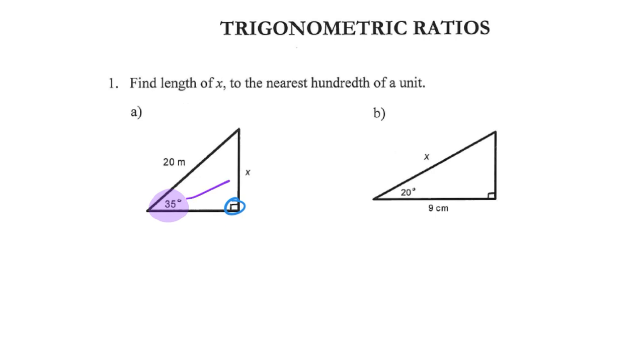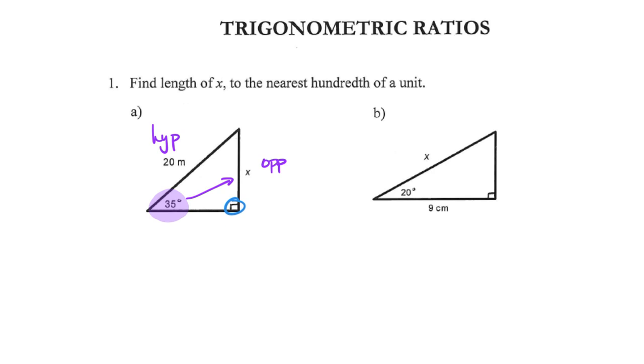You will notice that the side I am looking for is opposite. I'm going to label it this one time only on my triangle. The other given side, that is the other side where I know the measurement, is my 20. That 20 is my hypotenuse.